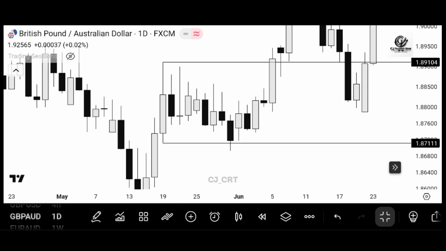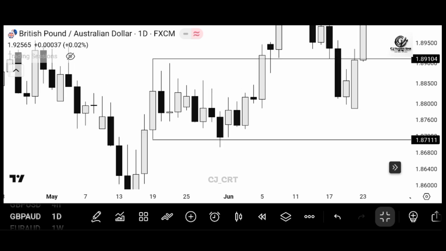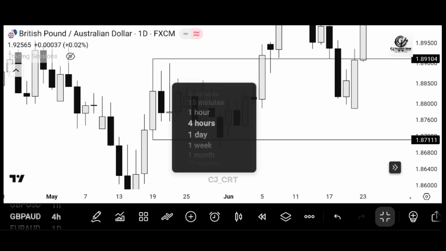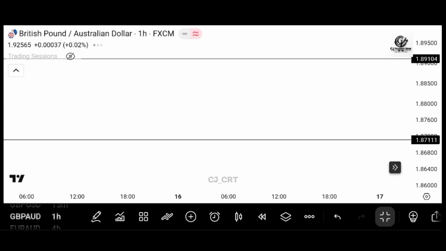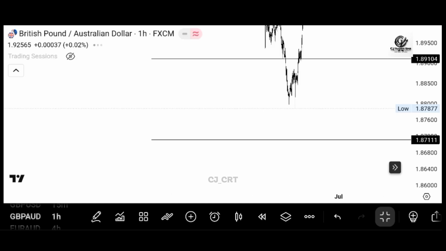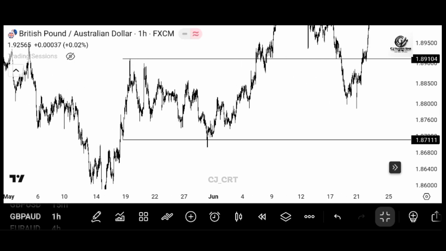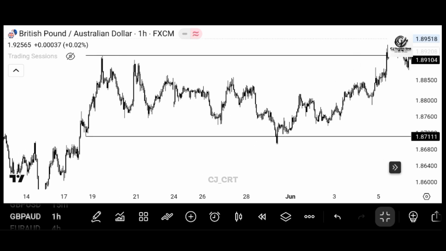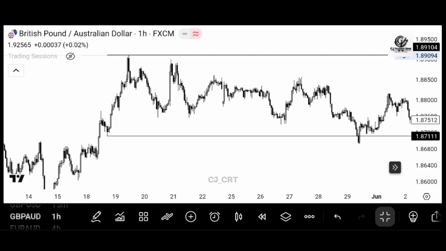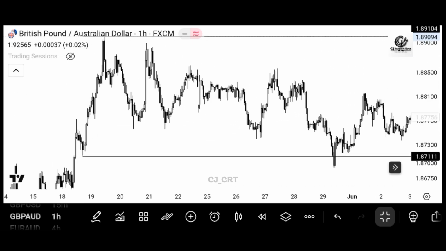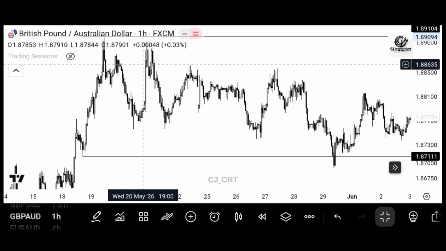So now in this case, we have the GBP AUD dropping down to our time frame alignment, which is the 1 hour time frame. You will see that we're in a ranging market.